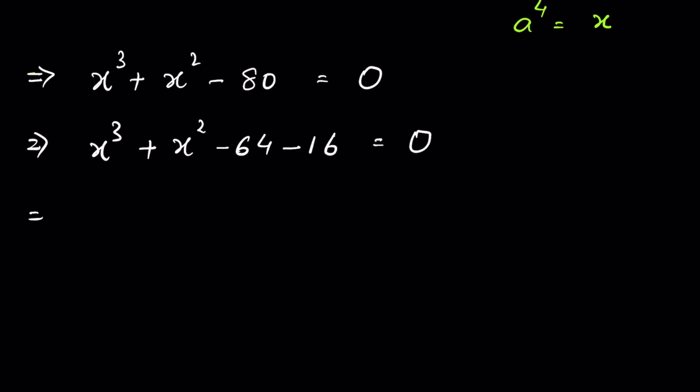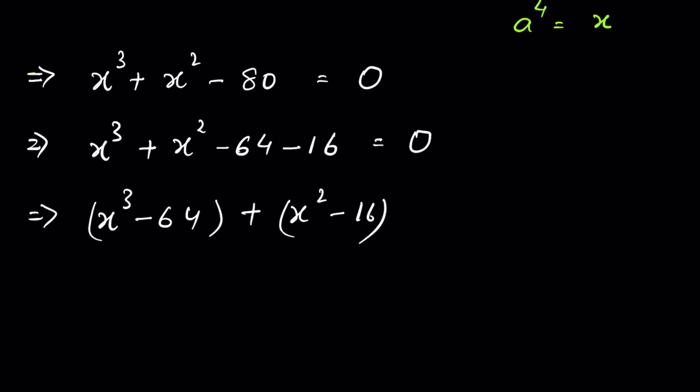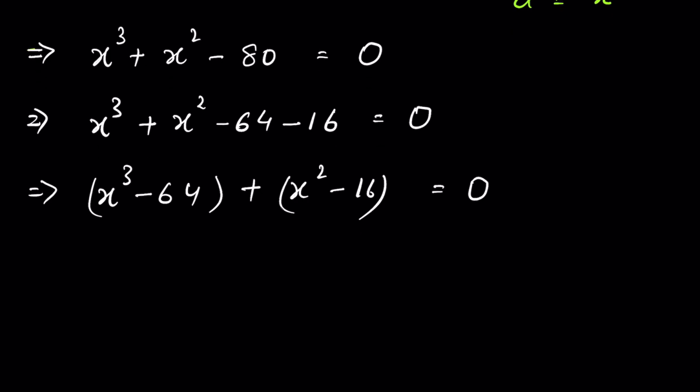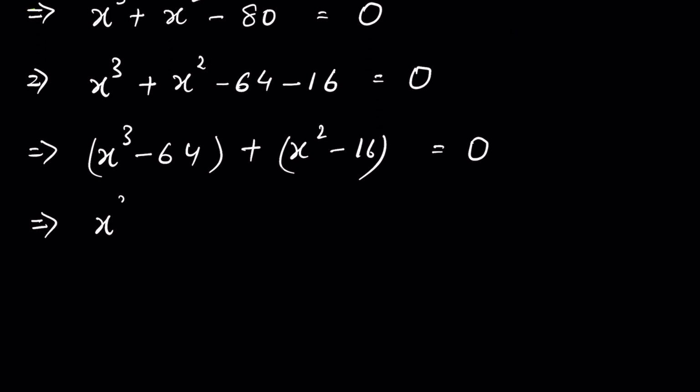Now if we rearrange it, we can write x cube minus 64 plus x square minus 16 is equal to 0. We did not change the question, just rearranged it. Now x cube minus 64 we can write it as x cube minus 4 raised to the power 3, then plus x square minus 16 as x square minus 4 raised to the power 2 is equal to 0.